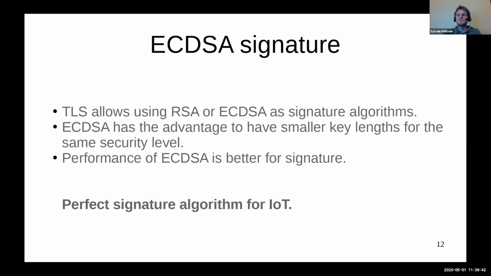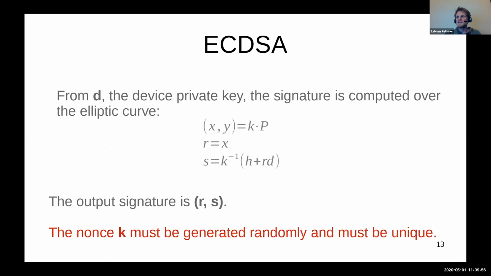And ECDSA is a bit better for performance as well. So it's really a perfect signature algorithm for IoT because we have very constrained devices. So now let's look at ECDSA.